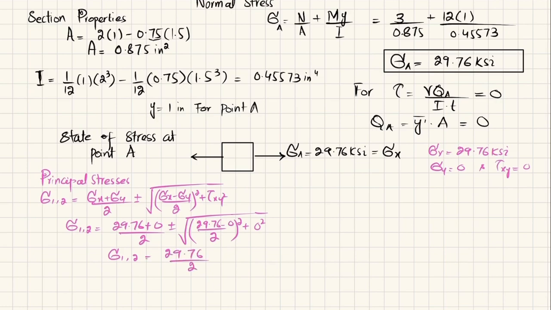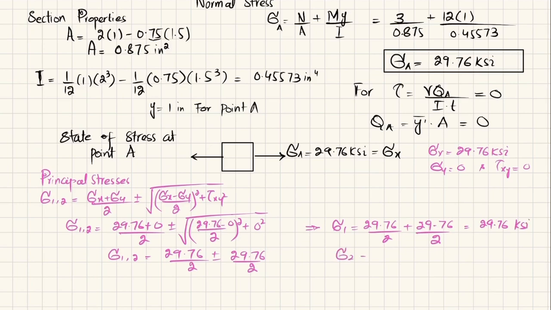When you solve this, you will get sigma 1, 2 equal to 29.76 divided by 2 plus minus 29.76 divided by 2. If you take plus, sigma 1 will be equal to 29.76 divided by 2 plus 29.76 divided by 2, which is equal to 29.76, and the unit will be KSI.